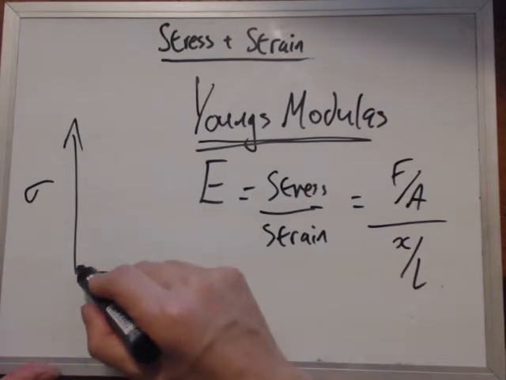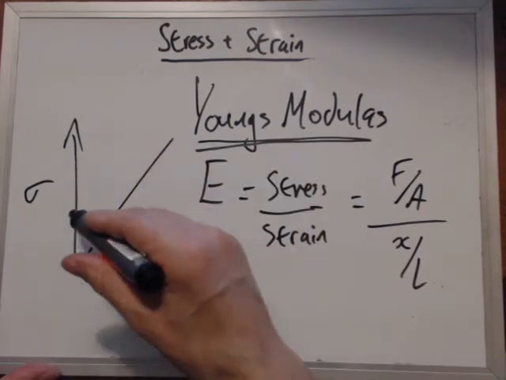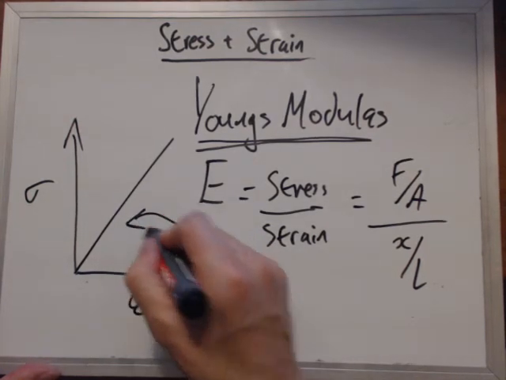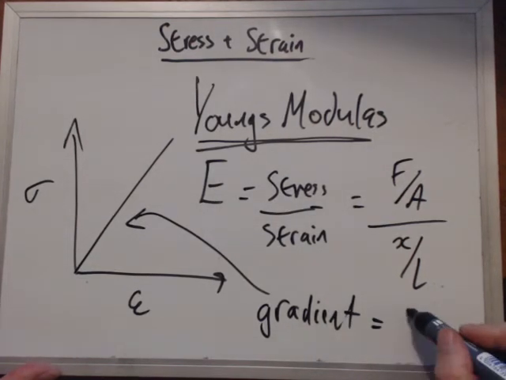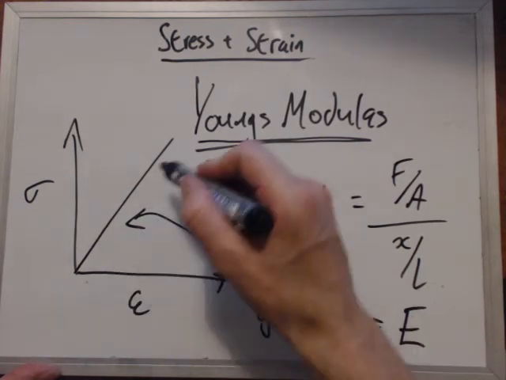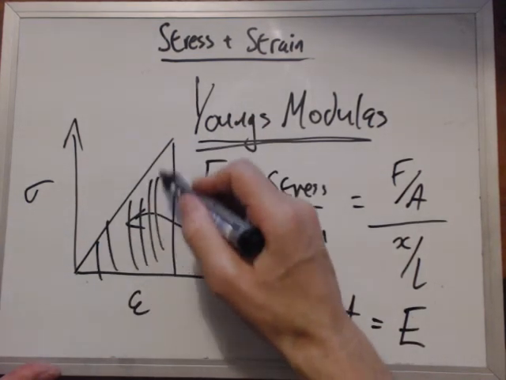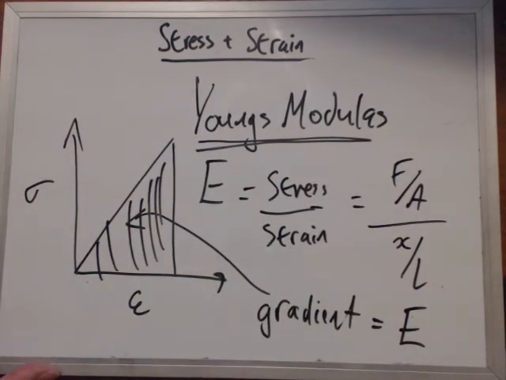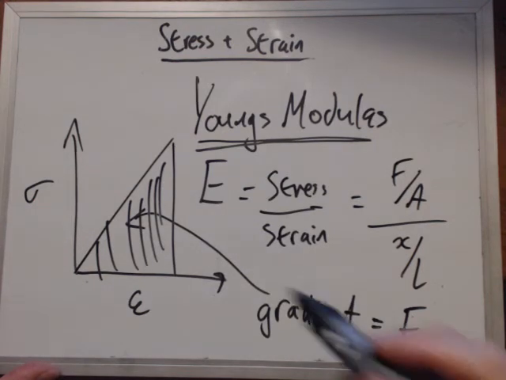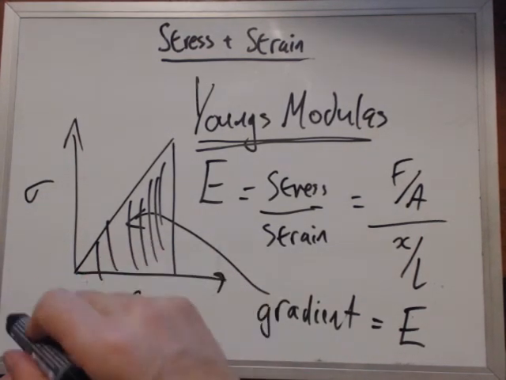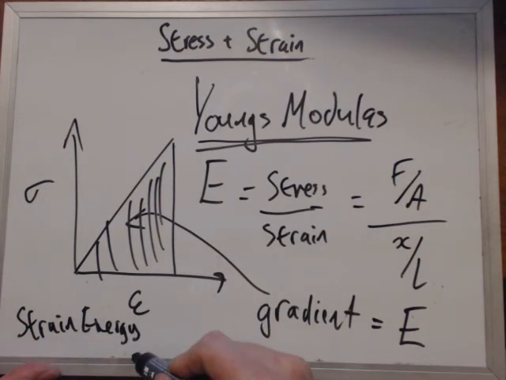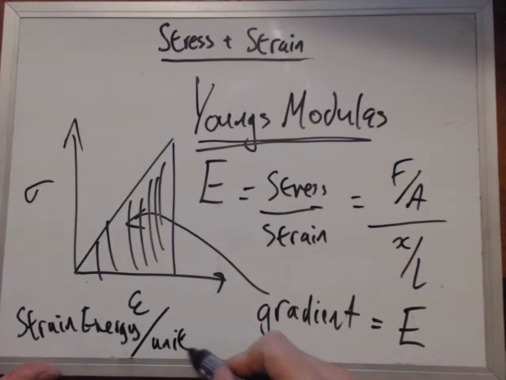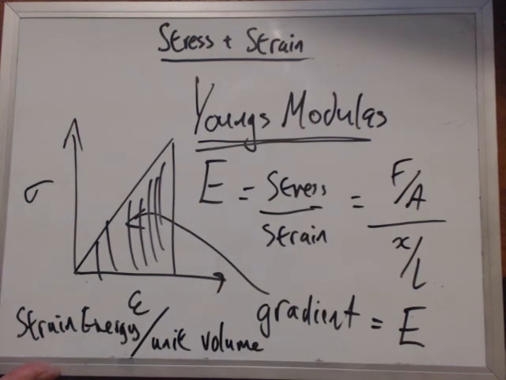If we were to plot a graph, we'd find that the gradient of the stress against strain graph would give us Young's modulus E, and the area under the graph would in fact give you the strain energy per unit volume stored in the material.